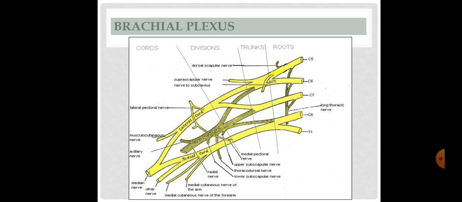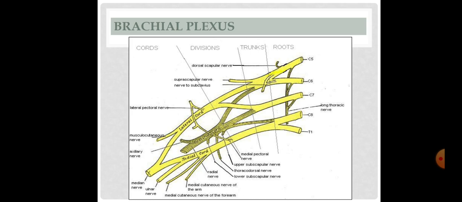Okay, then what are the branches that arise from the brachial plexus? At first, I will start from the roots. From the roots, three nerves arise.